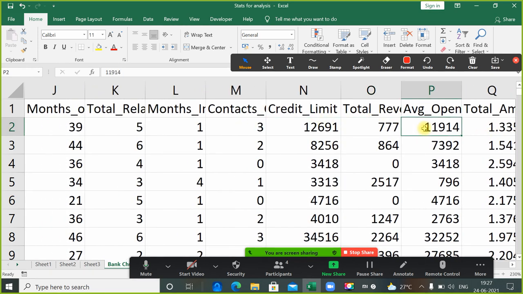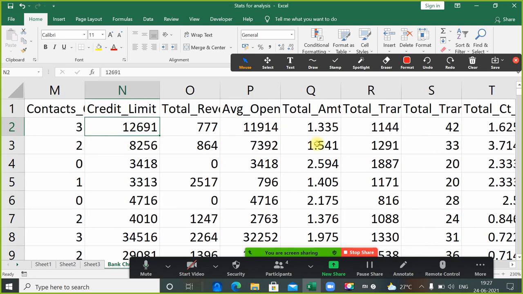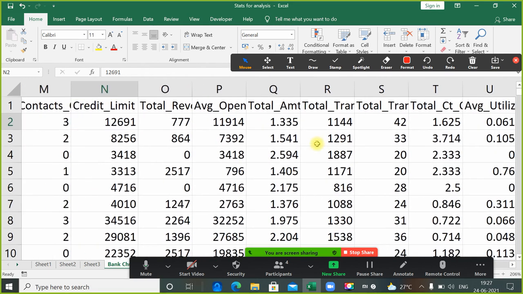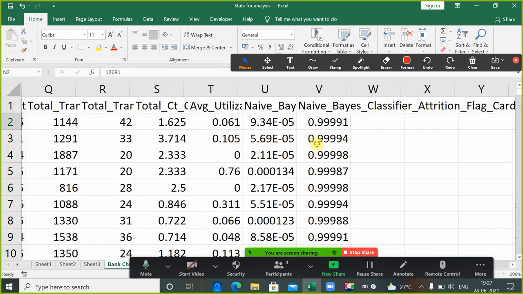Okay, nominal continuous data. To understand the center point of this data, we use the mean of the data. Mean is nothing but an average. How do we calculate the average of the data? For example, I would like to calculate the average of this credit limit.